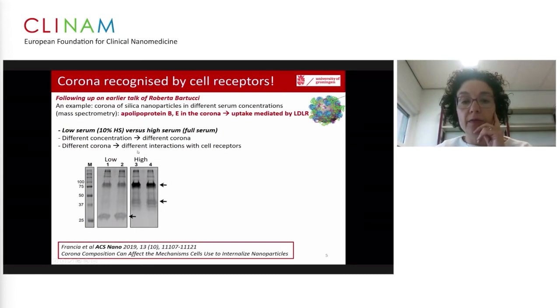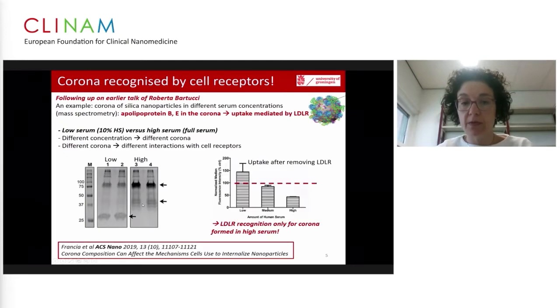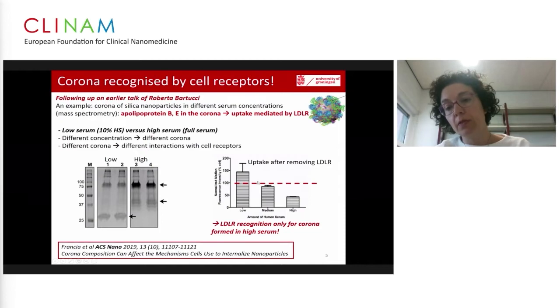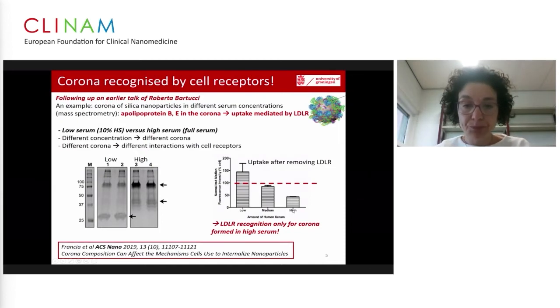And if you expose the same particles at higher serum concentrations, a different corona forms. And if you silence the LDL receptor, we see that only the particles with the corona formed at high serum concentration are capable of interacting with this LDL receptor. So the same nanoparticles, depending on corona condition, can engage with different receptors in the same cells. This is important to keep in mind.